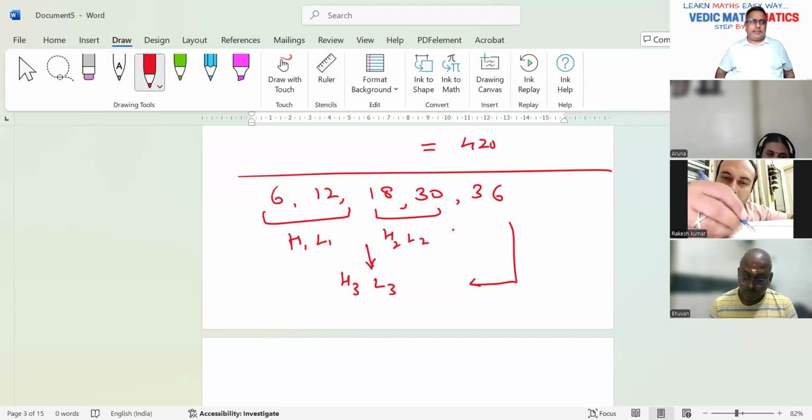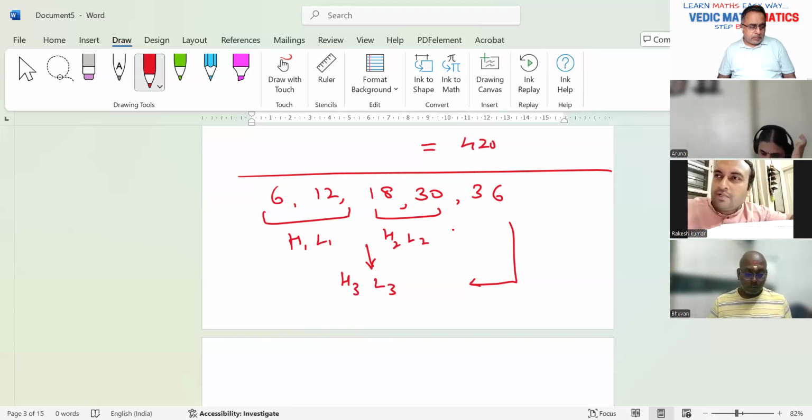HCF is 6, LCM, okay, doing it, 2 minutes. Do it, do it. LCM is 180 sir. Rakesh, same sir.